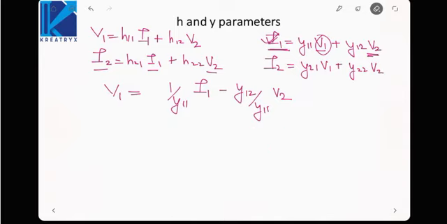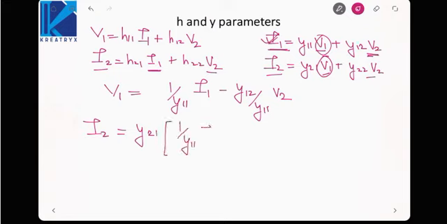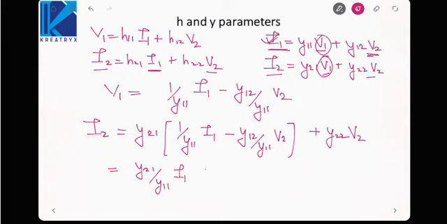Okay. Now, if you want to determine the relation between I2, I1 and V2, we have to use this relation. But here V1 is also coming, whereas in this relation V1 must not be there. So, let us substitute the value of V1 in the second equation. Y21 times 1 by Y11 I1 minus Y12 by Y11 V2 plus Y22 V2. So, it will come out to be Y21 by Y11 I1 plus V2 times Y22 minus Y12 Y21 by Y11.